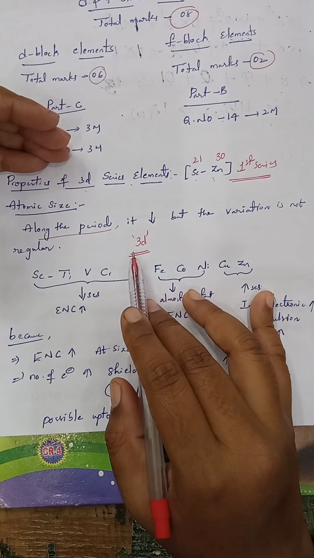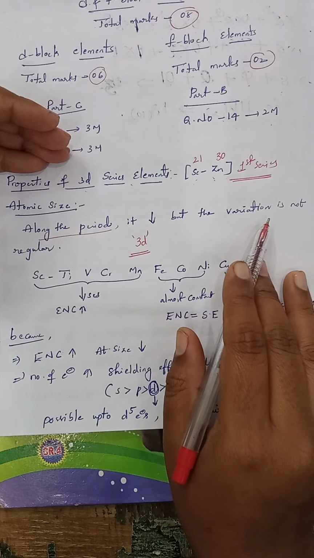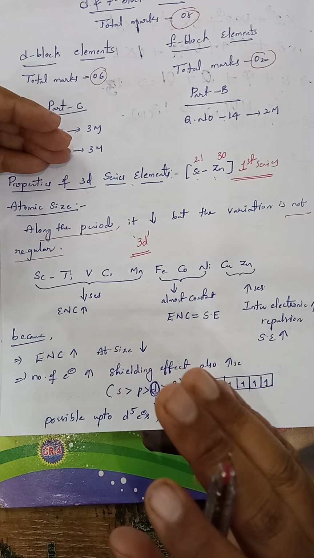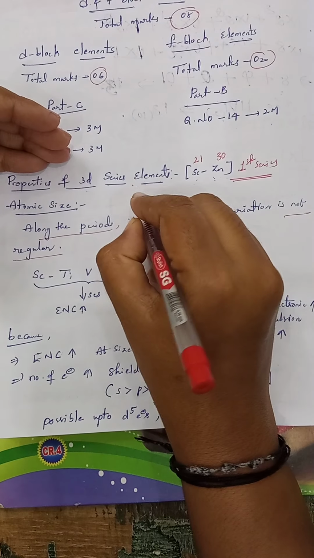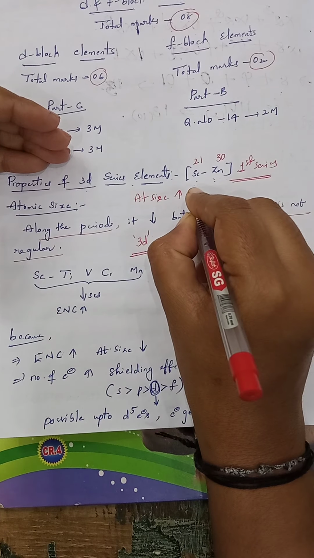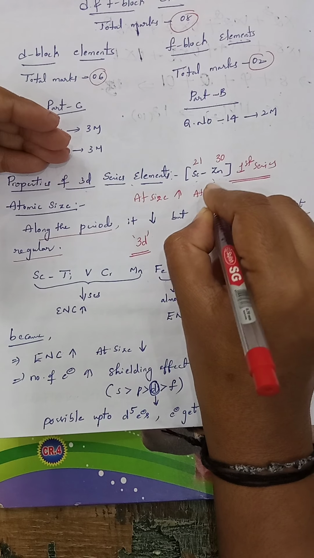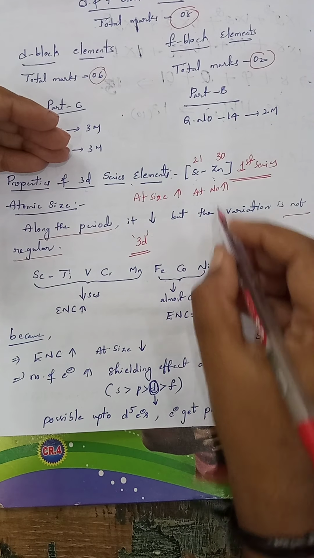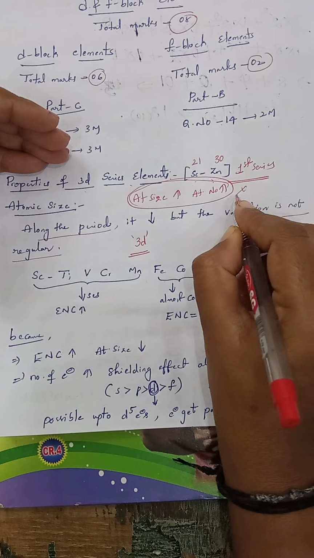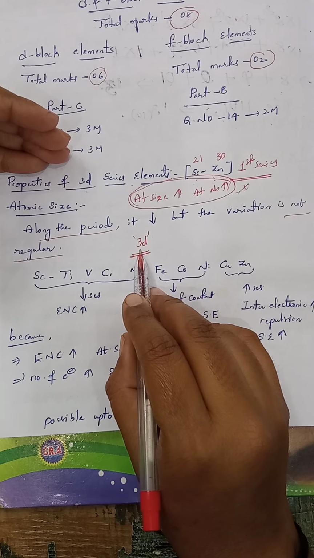And remember, this variation is not at all regular. Usually atomic size should increase with increase in atomic number, but this condition is completely not applicable in the case of 3D series elements.